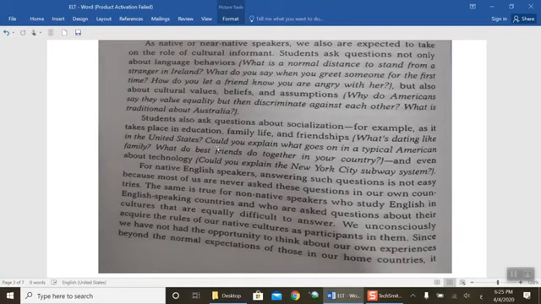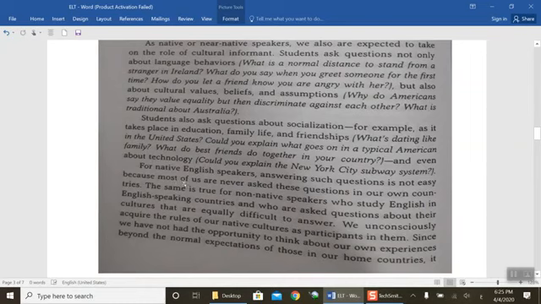What do they do if they have a funeral? What do they do if they have a graduation party? So these are cultures, and culture is very, very important in learning language and dealing with language.